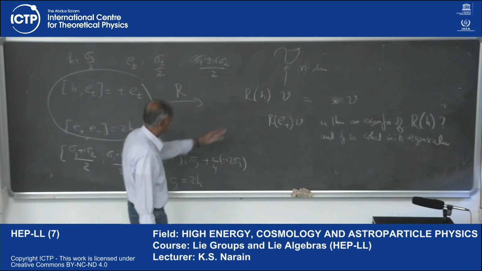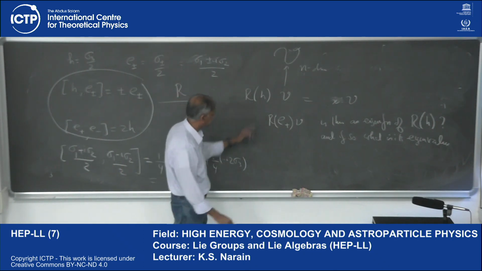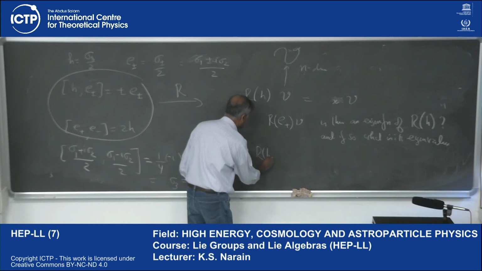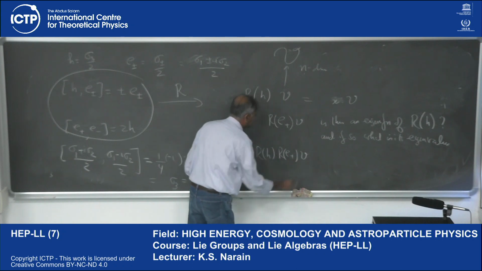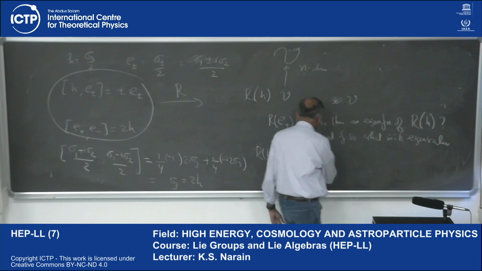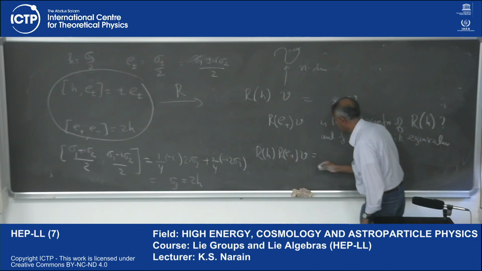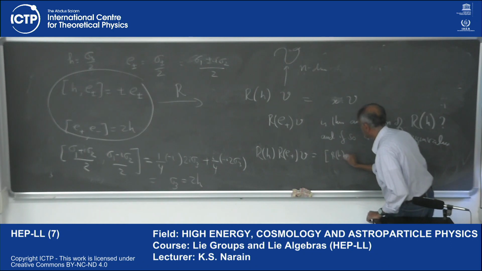To answer this question, of course, you just have to apply RH and check what happens. So let's apply RH on that, and let's write it in the form of the commutator. So I will write it as RH commutated with R E plus.